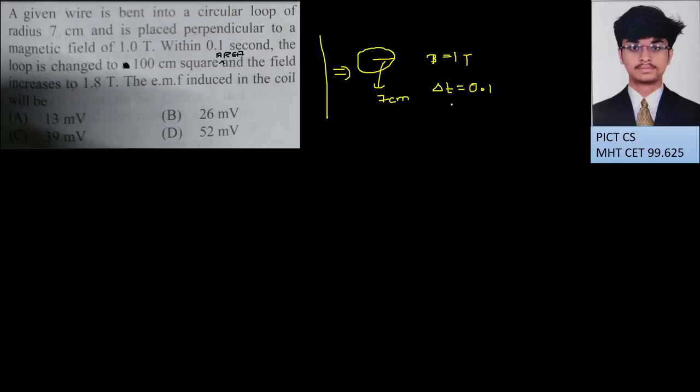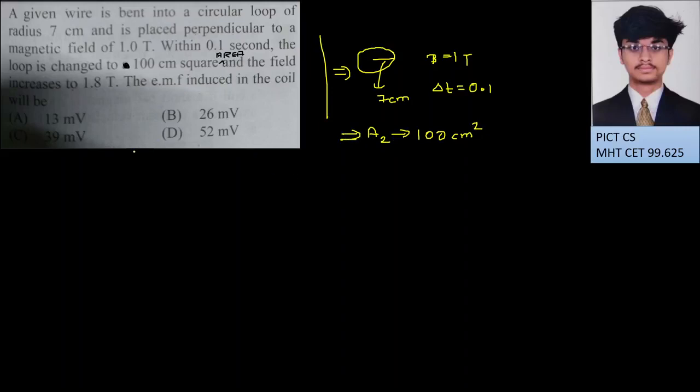The loop is changed to... okay, so this question is a bit wrong. It's not 100 centimeter square, it's the area which is given, A2. Afterward the area which gets converted is 100 centimeters square. So that may be the doubt of a student because of the error in the question, but A2 is given, which is equal to 100 centimeters square.